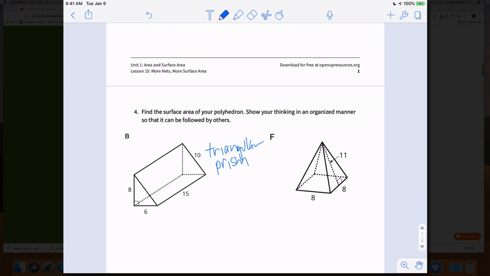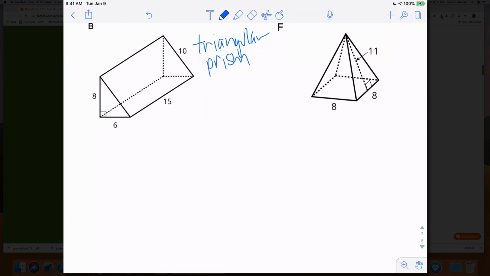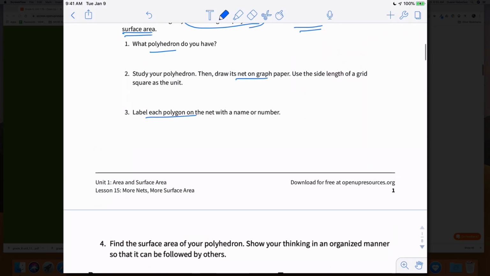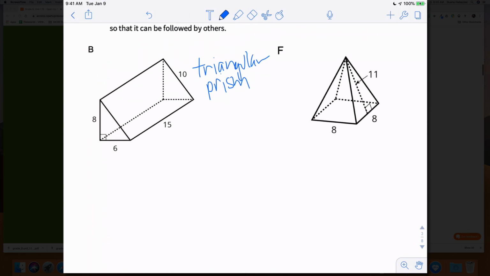And then the next thing they're supposed to do is draw the net. Now, you might want to give students graph paper. That might help. It says on graph paper, there you go. Because that might make the student's life a little bit easier to really think about this triangular prism and its component parts, like what makes that triangular prism.